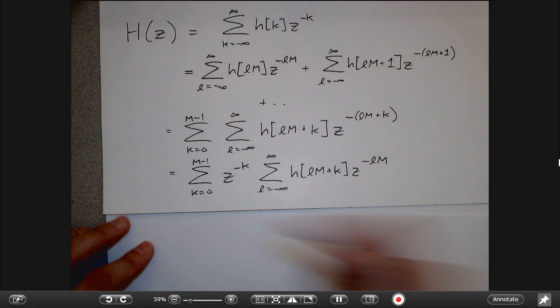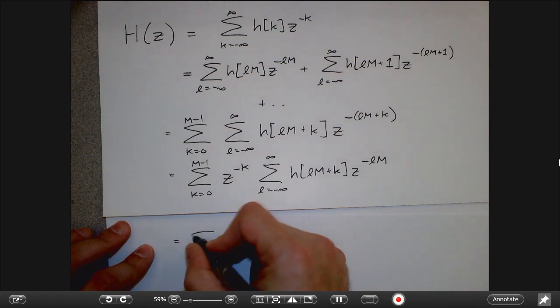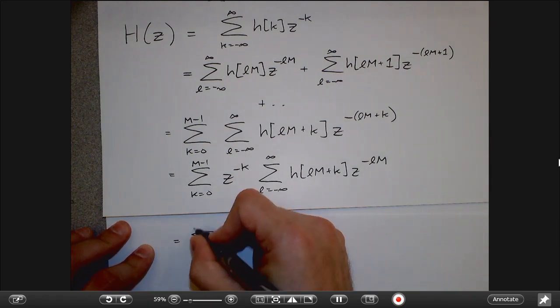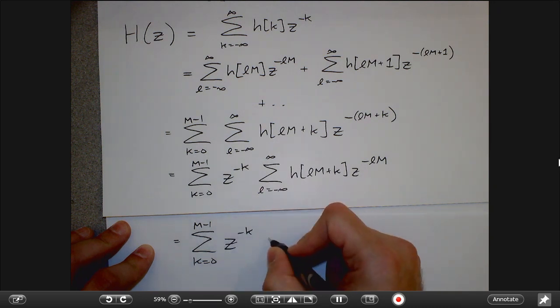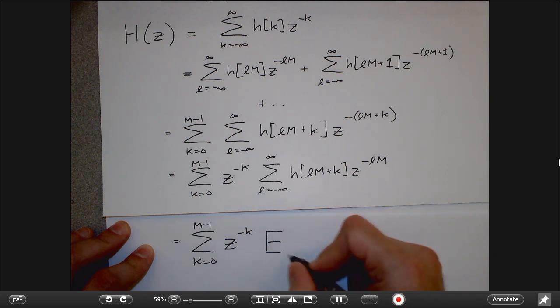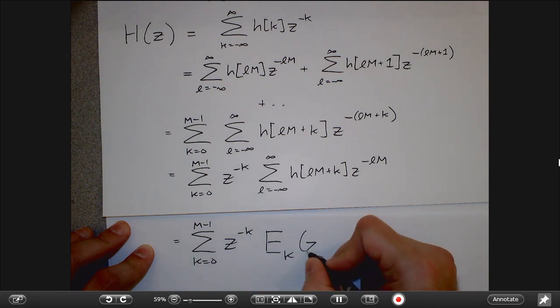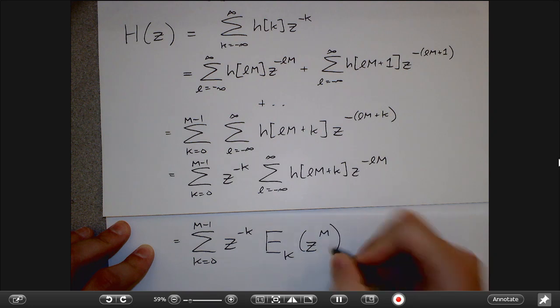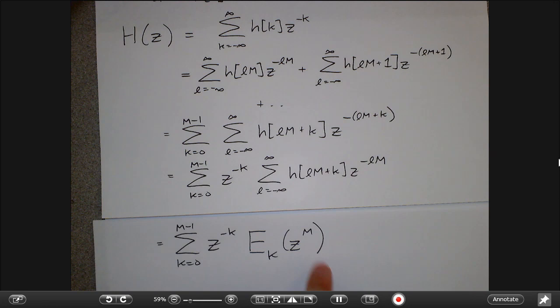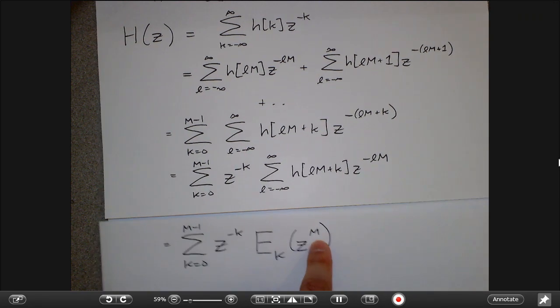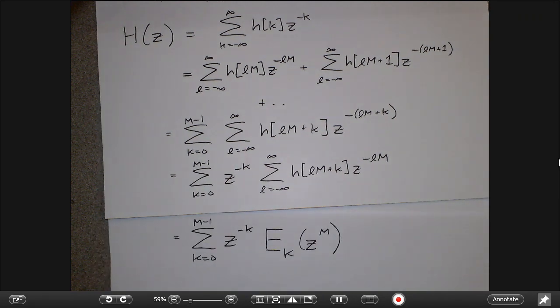So what I have here is this sum, Z to the minus K, and this is exactly the Z transform of the polyphase components taken to the power of M, right? So this is the way I set things up.